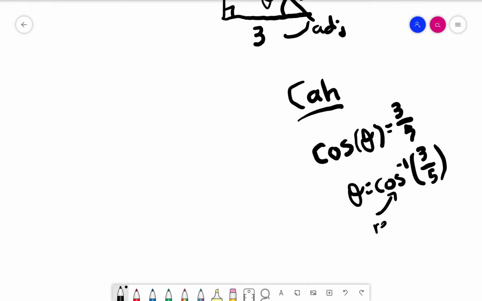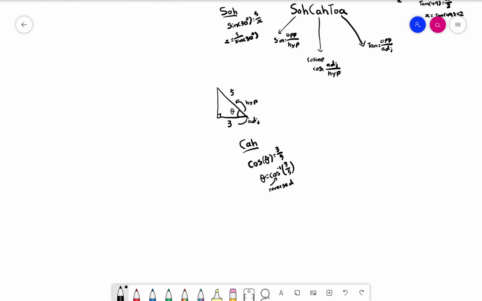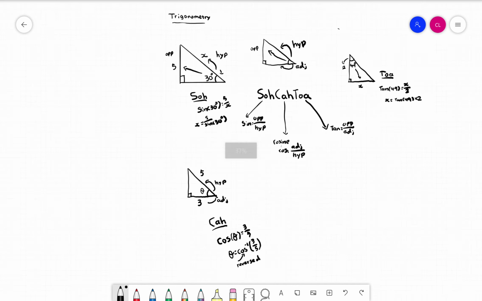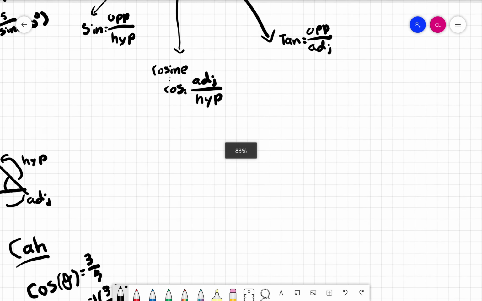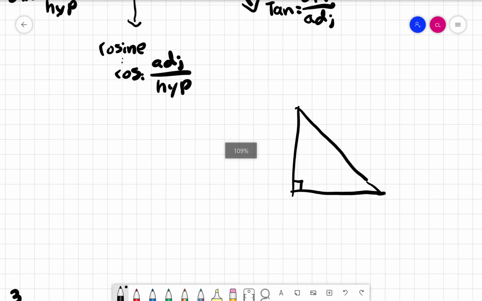So this is the reversed one. Similar to that, let's see here. Excuse me for how badly I draw these.